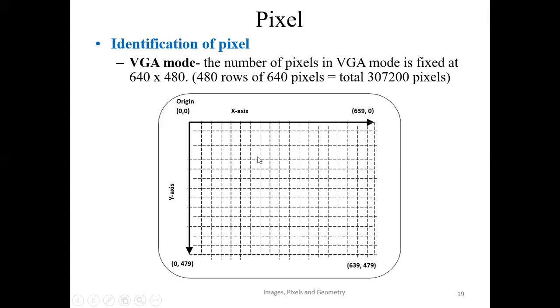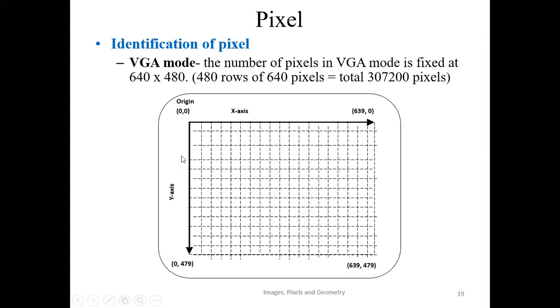What we will do is use this point as the origin, 0,0. This is our 0,0, this is our x-axis, and this is our y-axis. Now I will show you the math, so be a little more attentive. We have the origin 0,0, the x-axis and the y-axis, and the resolution of this image is 639 by 479.